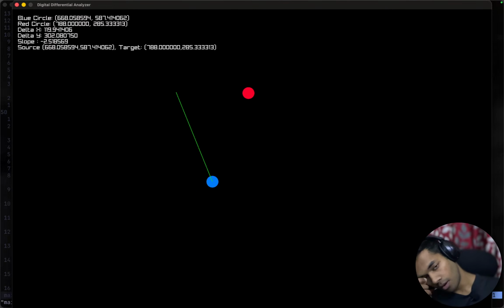Why is the x thing not moving correctly?